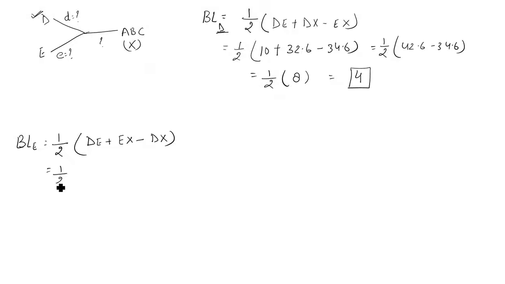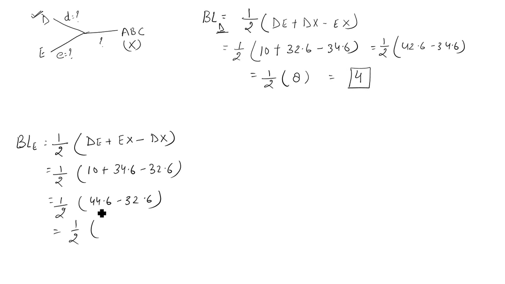So it will become 1 by 2, DE is 10, EX is 34.6 minus 32.6. So this value will become 1 by 2 of 44.6 minus 32.6, 1 by 2 of 12, and it will become 6. So for D it is 4, for E it is 6.